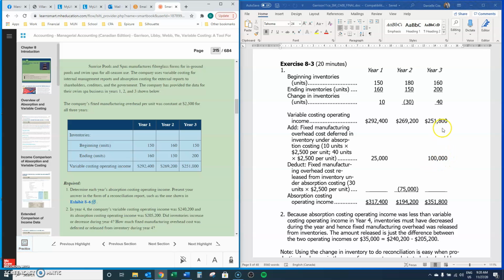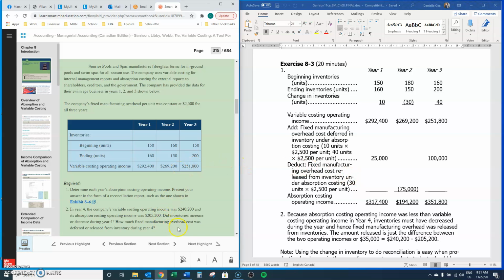So you take the number of units, which should have been 50, but we have 40, but same idea. You take the number of units multiplied by the cost per unit, and this number is added to get your absorption costing operating income. So aside from the errors in the amounts, the theory and everything is still the same.